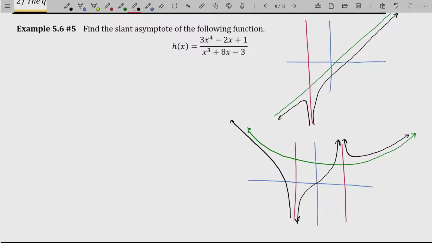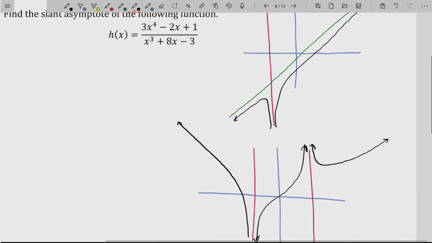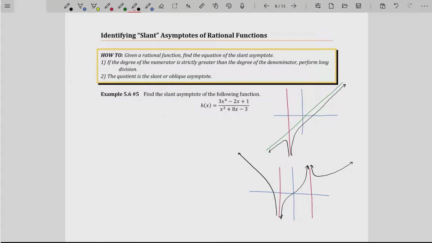But as you take a look at this function, the black curve is the actual function that we're looking at. And notice that as we zoom out, that black curve, if you zoom out long enough, it will actually look like that parabola that we had drawn in there. So the oblique or slant asymptotes kind of describe what the look of the function is over the long haul.